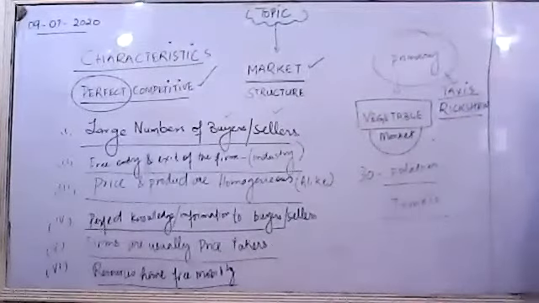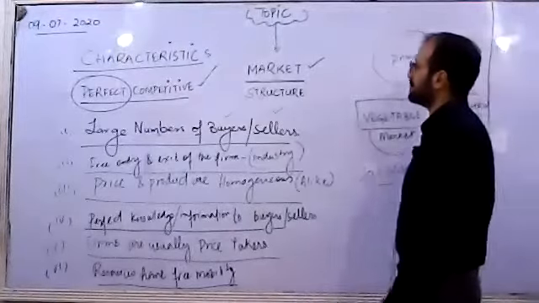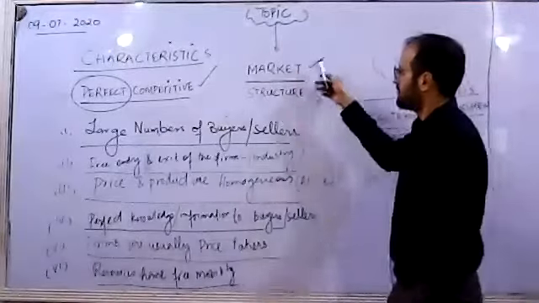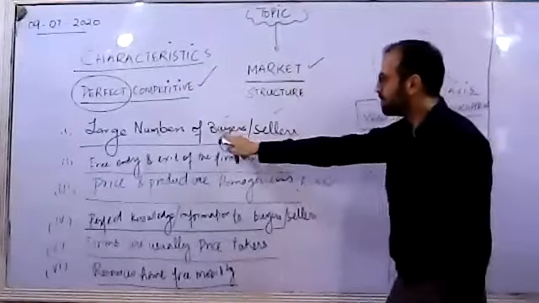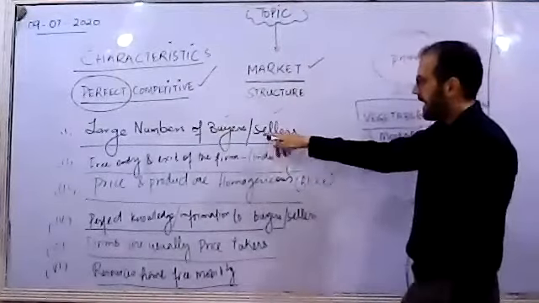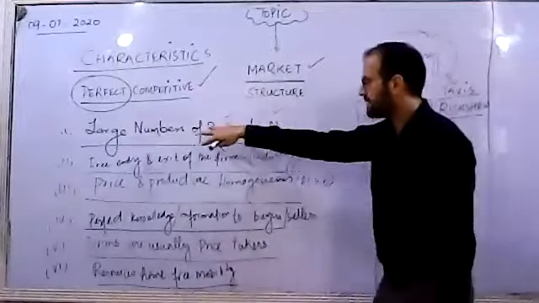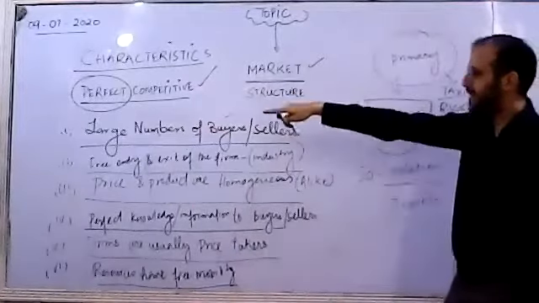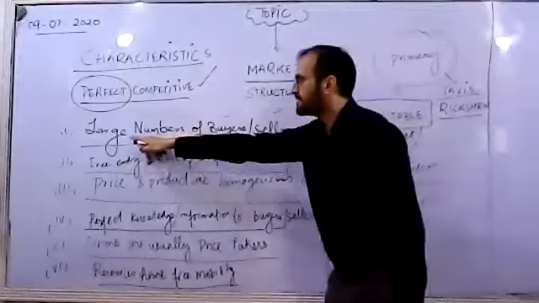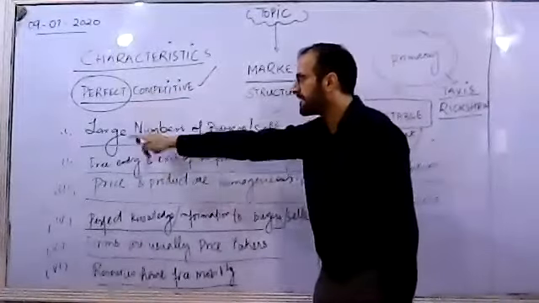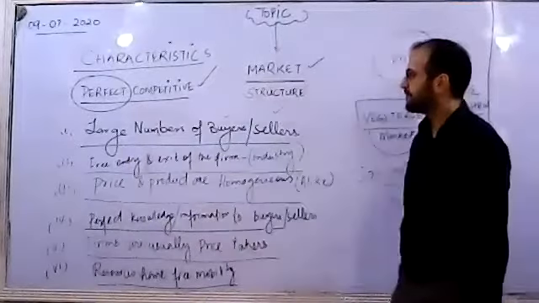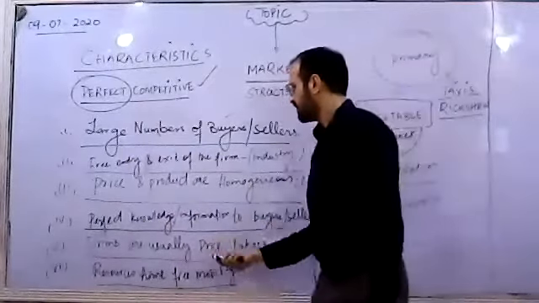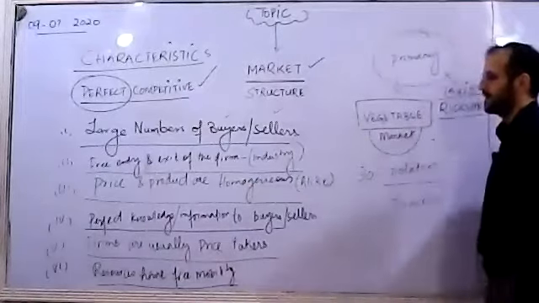All right. So summing up today's discussion, we found out what the market structure is, and that the market structure is based on the buyers and sellers. If the buyers and sellers are in large number, then this represents perfect competition, where firms have free entry and exit, and the products are homogeneous, they are alike.